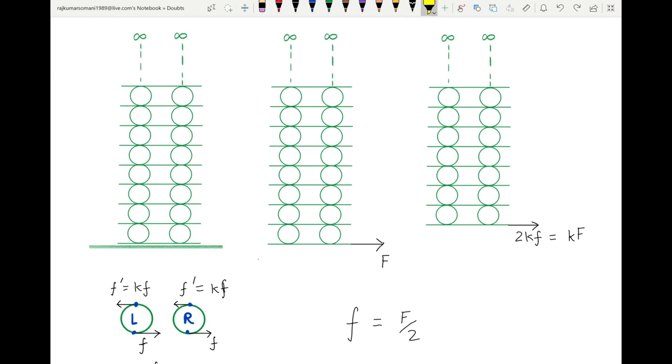The forces on this plank are equal and opposite to these forces, and hence the force on the second bottommost plank is 2kf, where small f stands for friction, which equals k times the applied force F. Remember, the friction force we have already found is the applied force divided by 2.